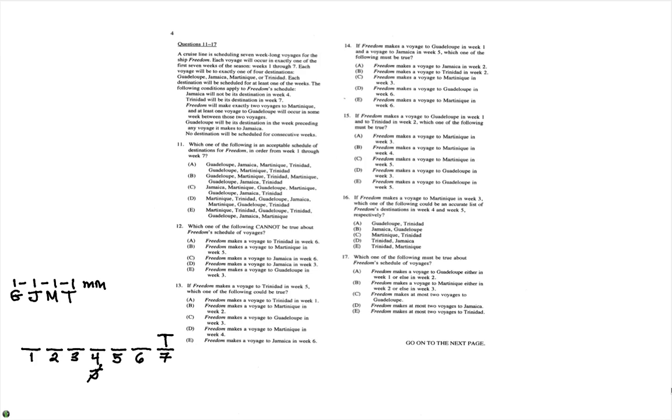It then tells us Freedom will make exactly 2 voyages to Martinique, and at least 1 voyage to Guadeloupe will occur in some week between those 2 voyages. Alright, so now we know that Martinique is not going to show up just once, it's going to show up twice. Exactly twice.